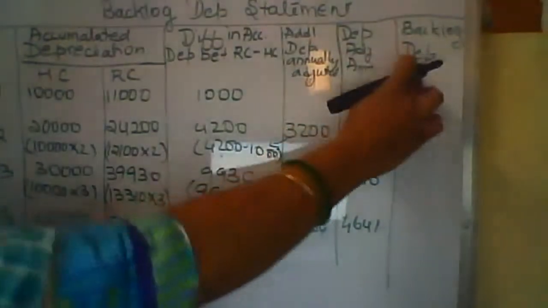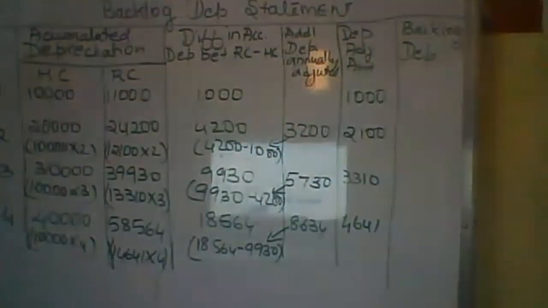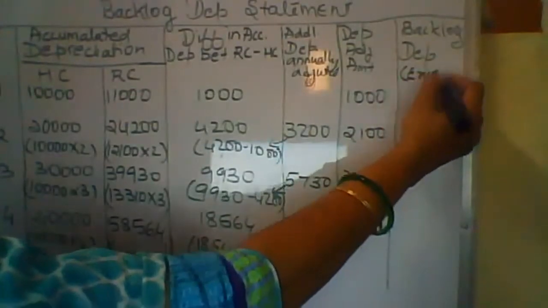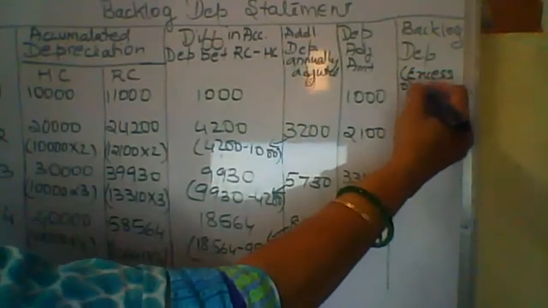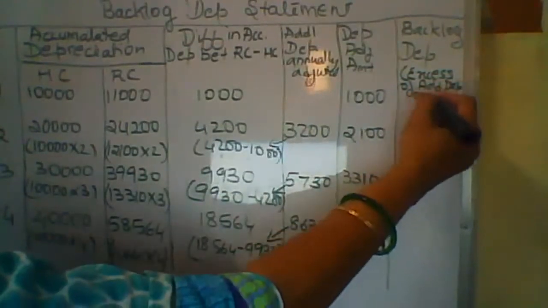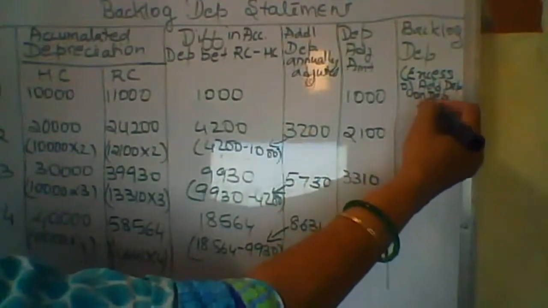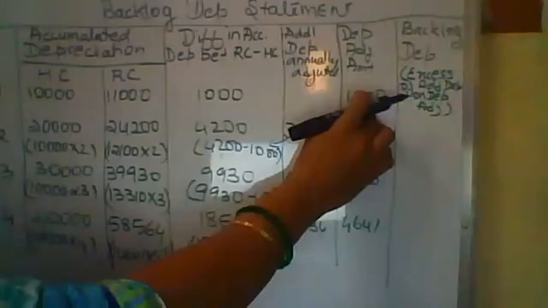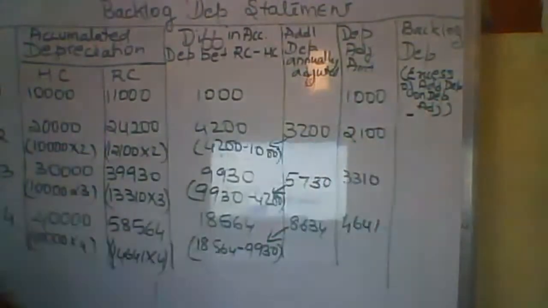3,200. So backlog depreciation means excess of additional depreciation on depreciation adjustment. Okay, so first year already 1,000 adjusted, I don't have any excess.